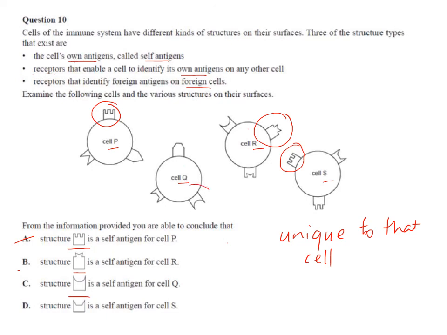That is found here, but it's also found in cell R, so it's not unique to cell Q. And finally, is this a self-antigen for cell S? It is found here, it's also found on cell Q, so it's not unique. So the only one here that was unique to that cell was B, which was the self-antigen for cell R.